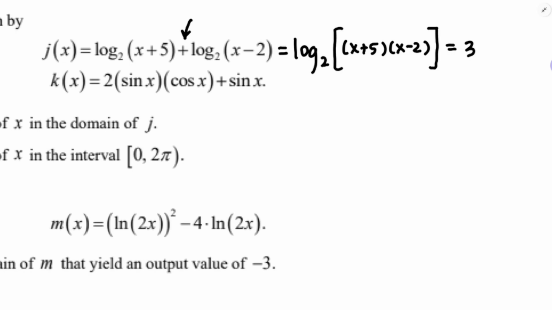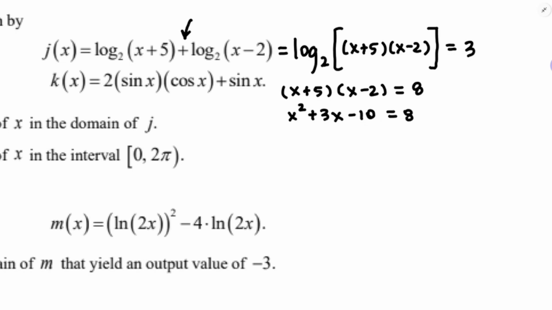All right. So then I'm going to resolve the log by taking 2 to the power of both sides. So then I'm going to say x plus 5 times x minus 2 equals 2 to the 3, which is 8. And then I'm going to probably need to expand that product there. I'm going to do FOIL: x squared plus 5x minus 2x minus 10. And that will equal 8.